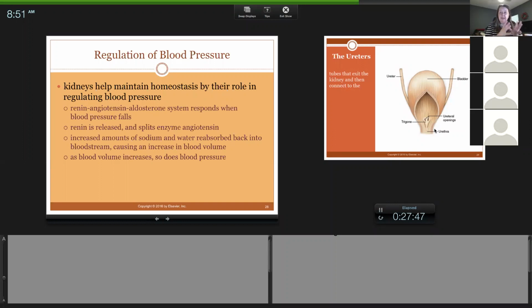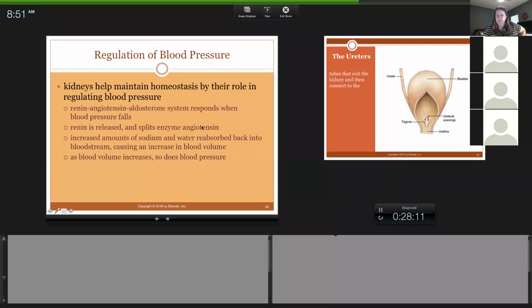Now, the kidneys have their own role. They are trying to help themselves out. So the kidneys can help try to regulate blood pressure through the renin-angiotensin-aldosterone system. Basically, when blood pressure starts to fall, they release a hormone called renin.